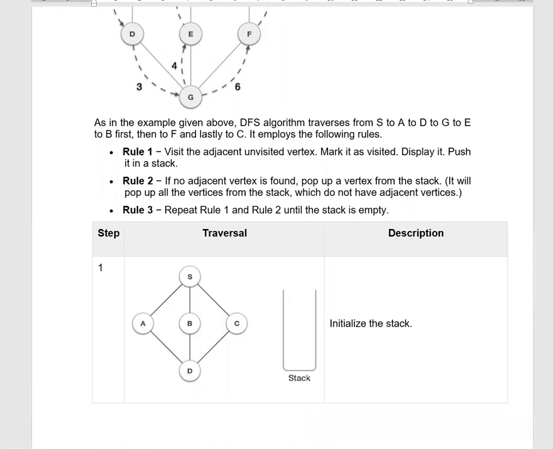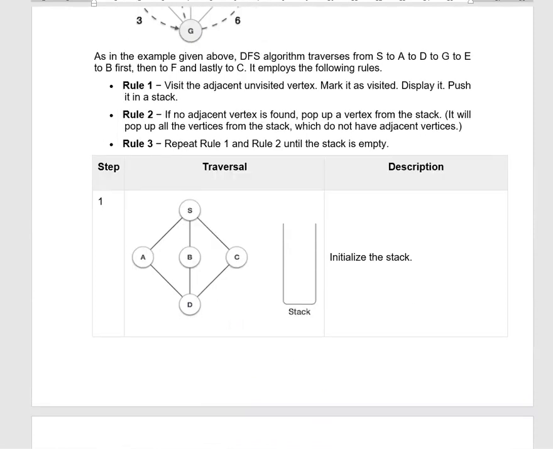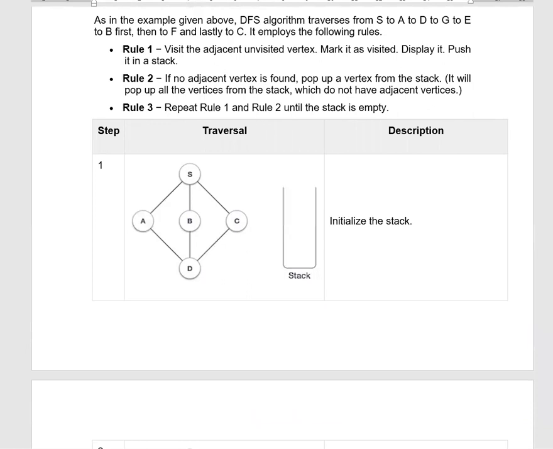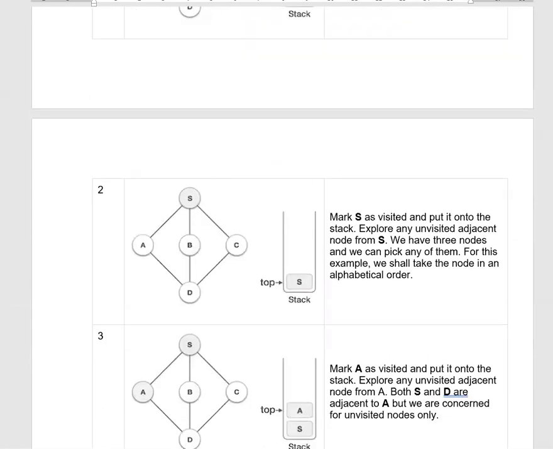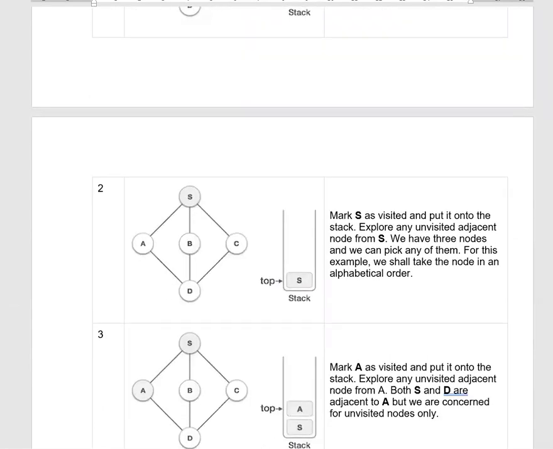देखेंगे यहाँ पे देखिए, that example is first, that is there are some nodes, that is A, B, S, C and D, that is vertices. Okay, we have an empty stack, that is, initialize the stack. Next, second step is first we traverse S, okay, because it is the top of the graph, so mark it as visited and put it into the stack.